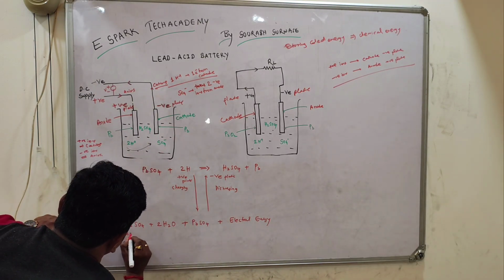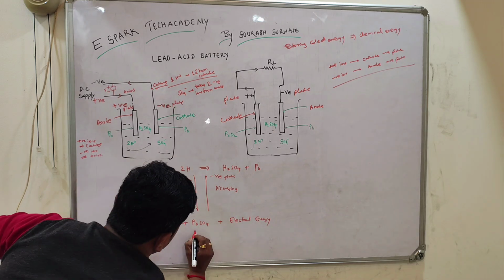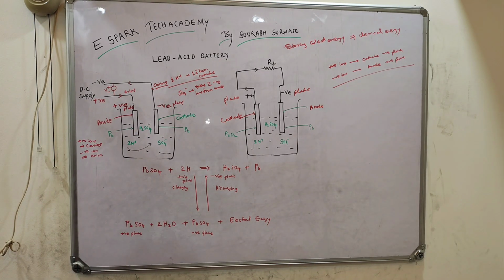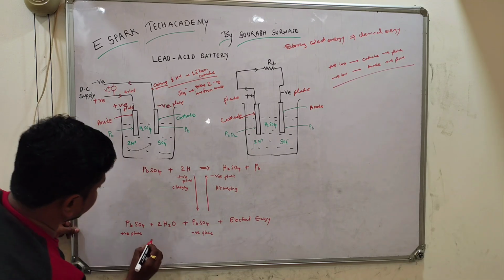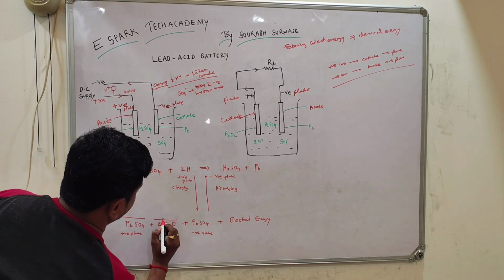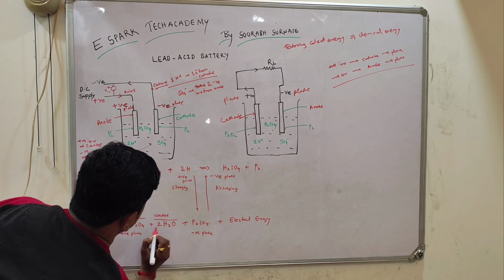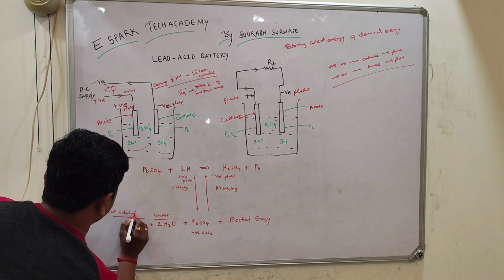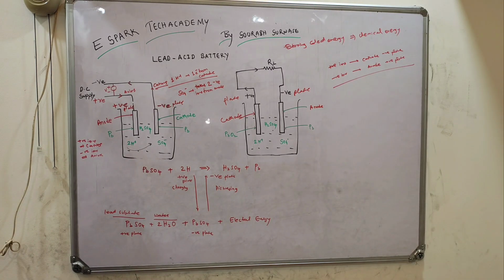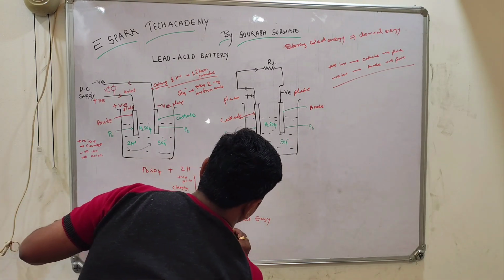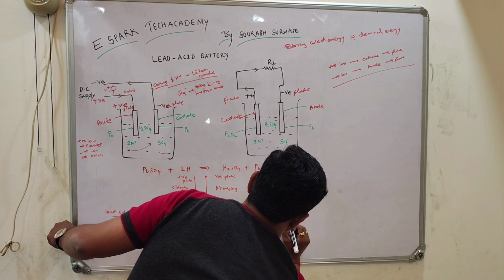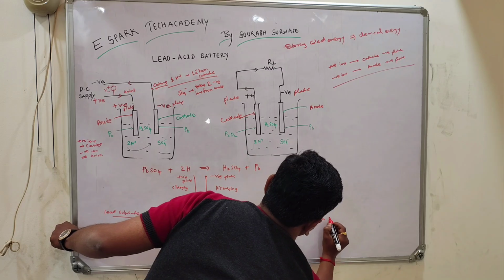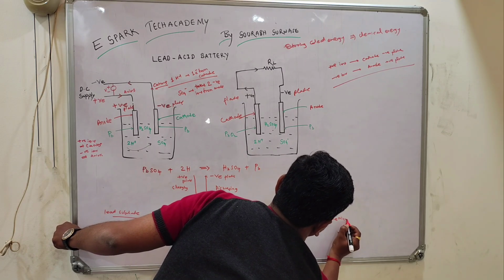Here this will be at the positive plate and this will be at the negative plate. PbSO4, and this is water, and this is lead sulfate, PbSO4, and the result is electrical energy storage in the form of chemical energy.